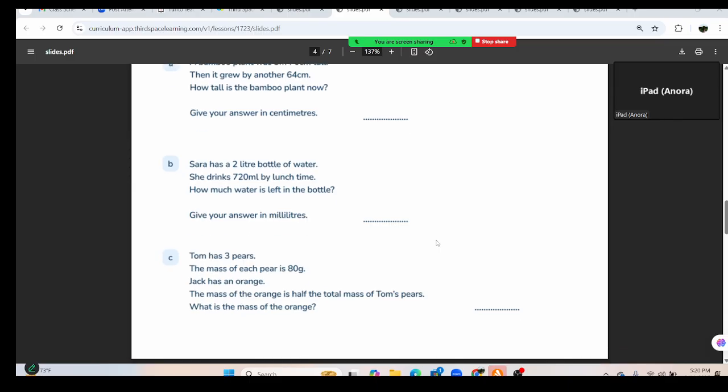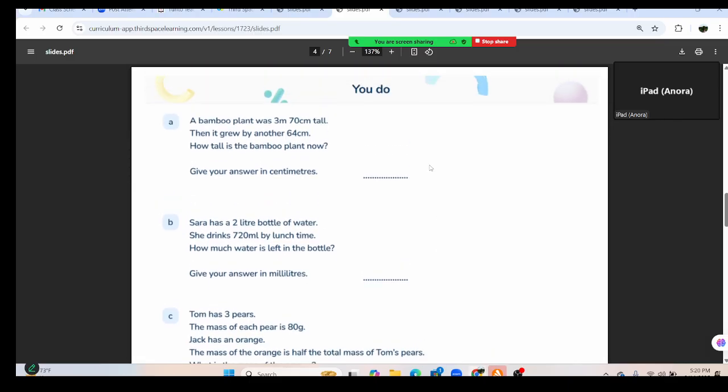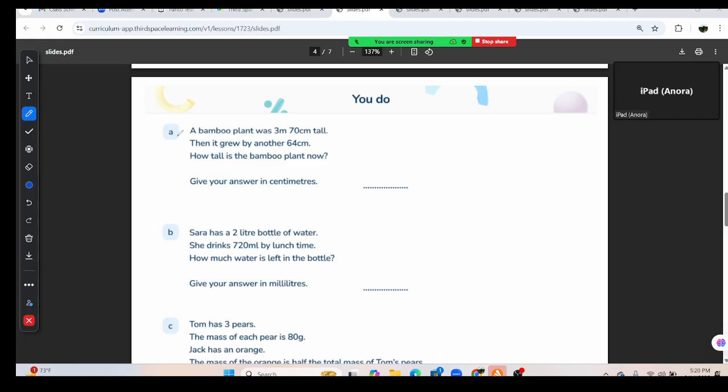Also, tell me this one. A bamboo plant was 3 meters 17 centimeters tall. Then it grew by another 64 centimeters. How tall is the bamboo plant now? 7 plus 4 is 11... 13, 1 meter.